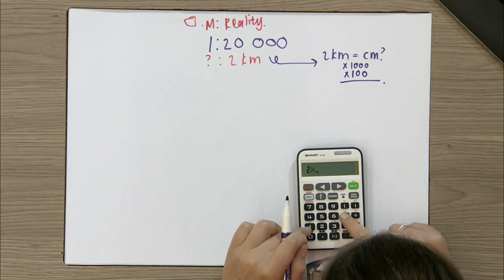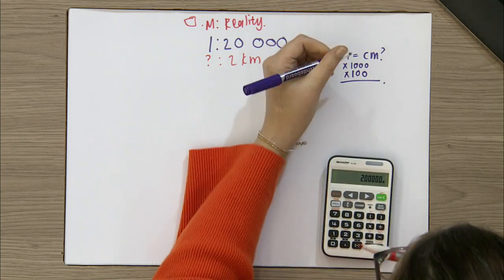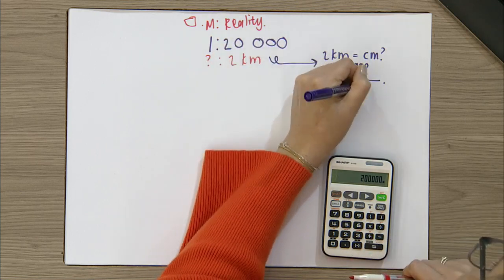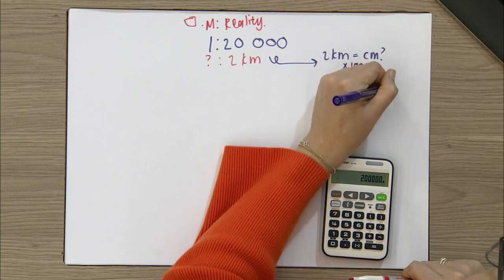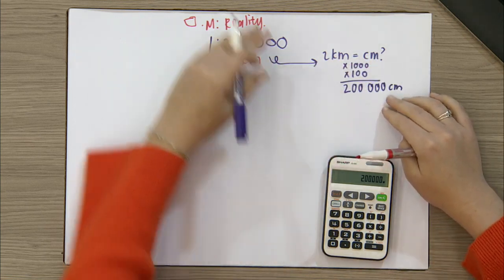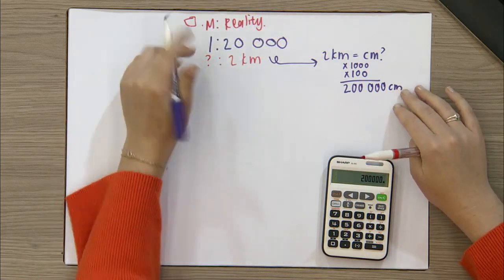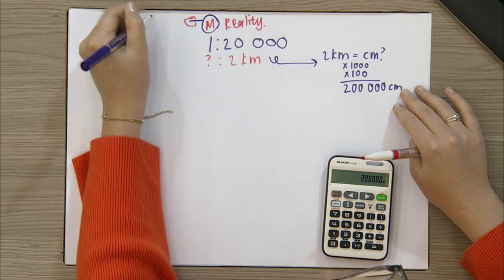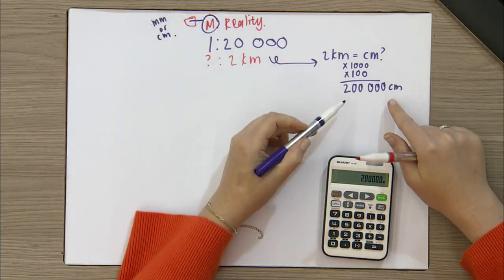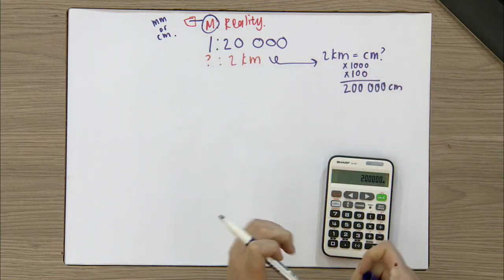So 2 times 1,000 times 100 in this case will give me 200,000 centimeters. So note, I haven't done any calculation with the scale. All I did is, in my mind, I remembered, normally on a map, I measure in millimeters or centimeters. So I'm just trying to make it easier for myself when I get to that step of the question.